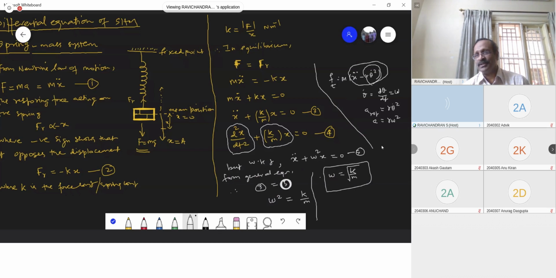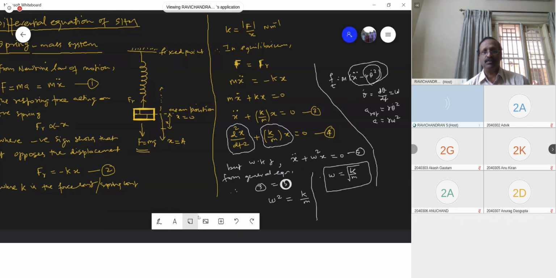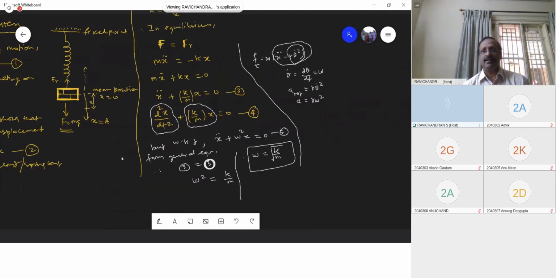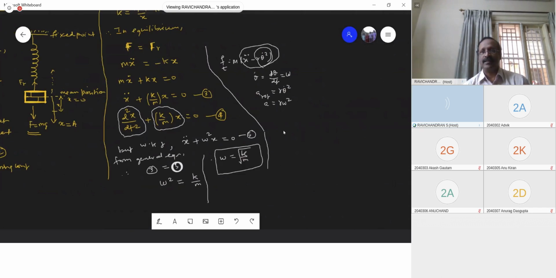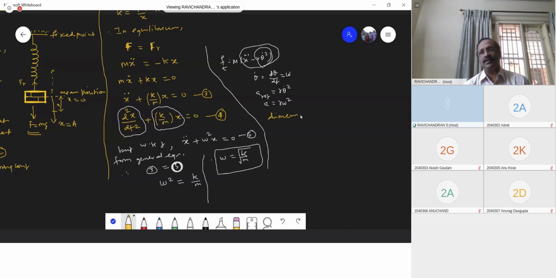So dimensionally, a small addition I'm doing here. I want to check: this is acceleration, so this should also be acceleration.